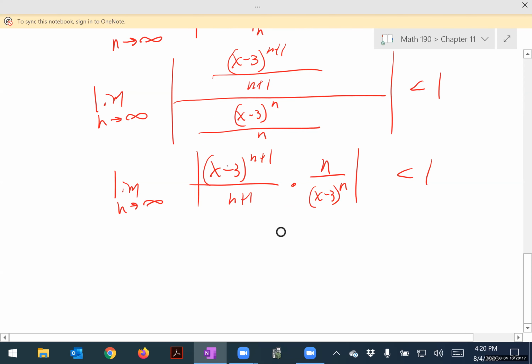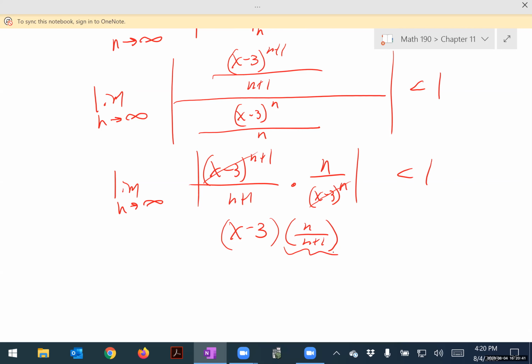Okay, so this thing is going to cancel with that, leaving me with just 1 times (x minus 3). Nice. This thing is just n over n plus 1. And as n goes to infinity, what does this thing go to? Any ideas?